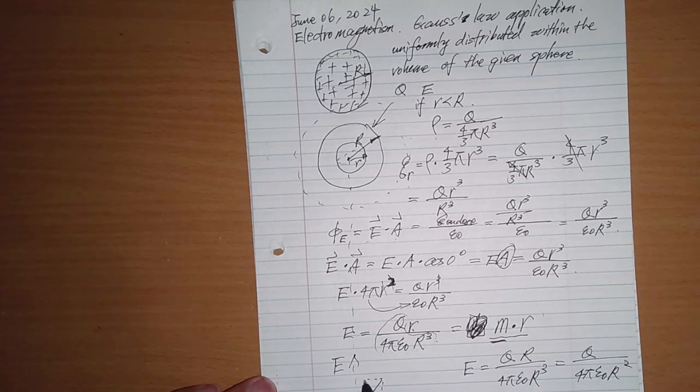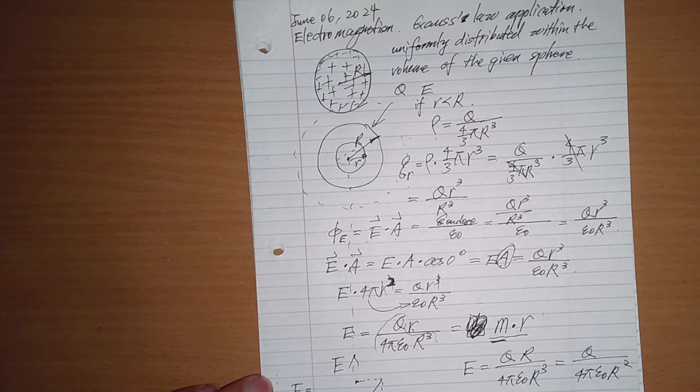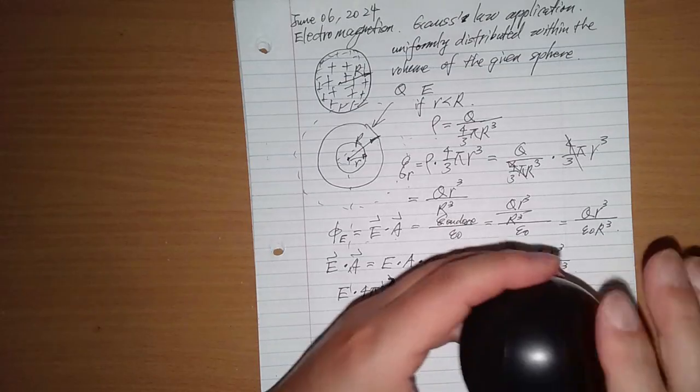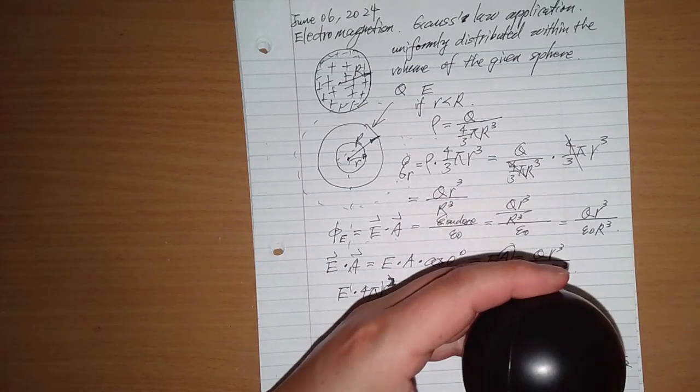So that is the value of the E. Okay, so what about when r is greater than big R, which means the Gaussian surface is somewhere around here?